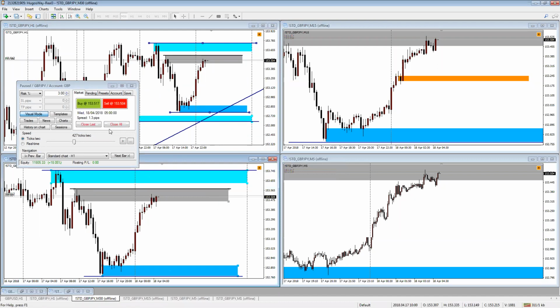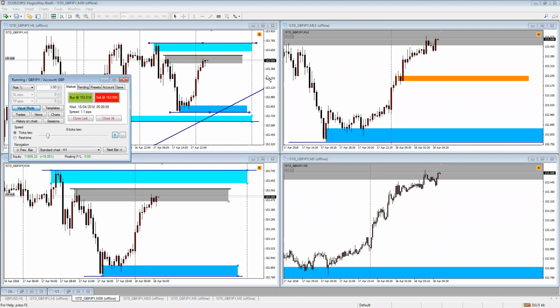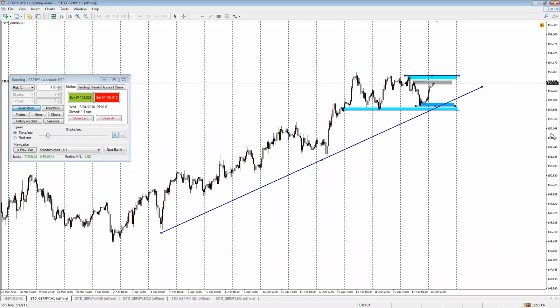Okay, all right, so let's do this. My bias right now is, Alex is right. After 1, 2, 3 days of consolidation, a breakout is basically 100%, 150%. We are going to break out either to the upside right here or to the downside.